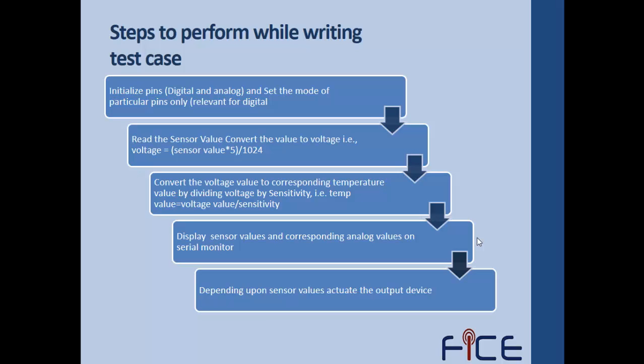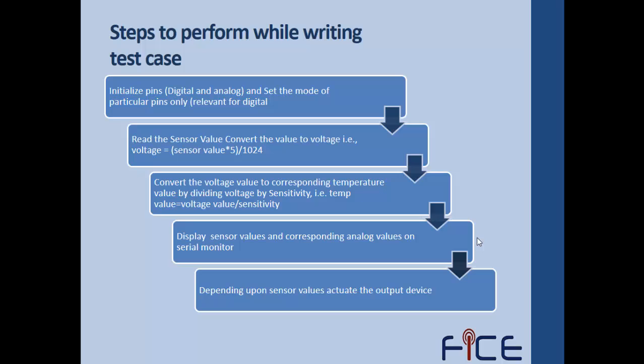The sensor value may be of any volts, and by this formula, sensor multiplied by 5 divided by 1024, we convert the value of the sensor into voltage. After that we convert the voltage value to the corresponding temperature value by dividing voltage by the sensitivity. So the temperature value will be the voltage value divided by the sensitivity.